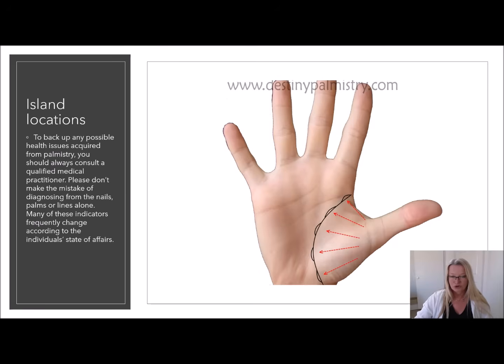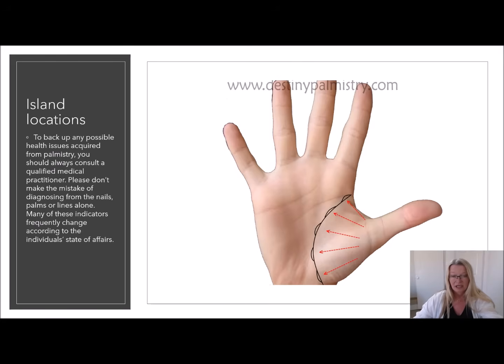Here I've drawn areas where some of the islands may be on the lifeline. You're not likely to have someone with an island on every section of their lifeline like this, but it's just an example. Remember that lines can change a lot. It's the fingerprints that don't change, and that's another module altogether.